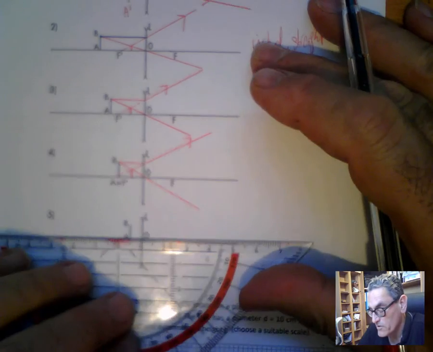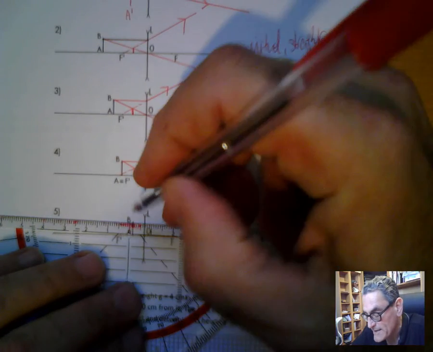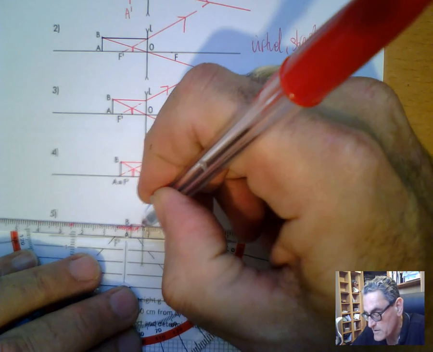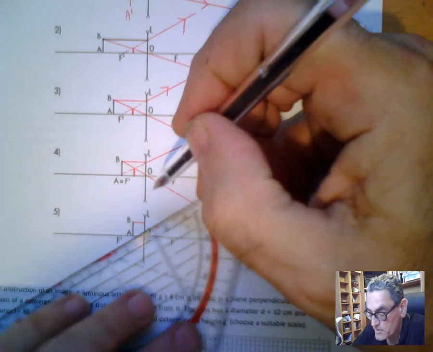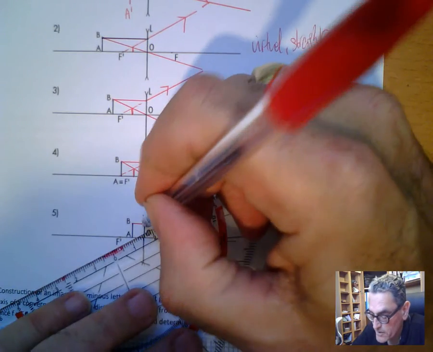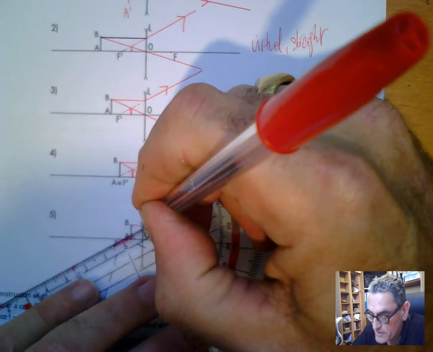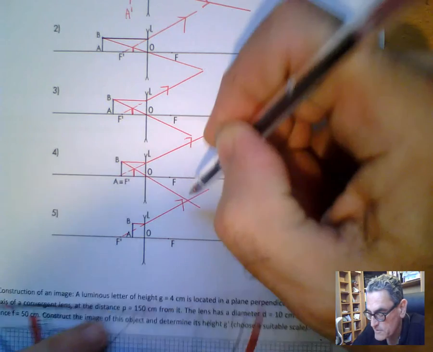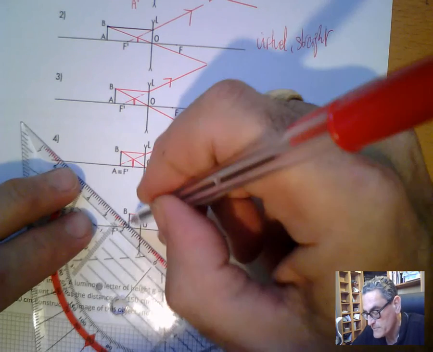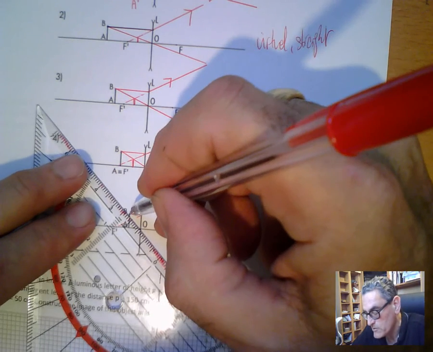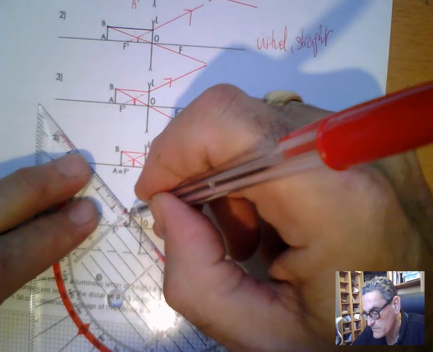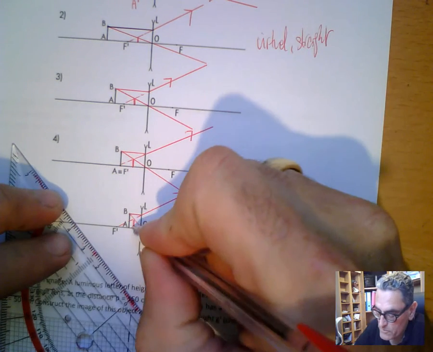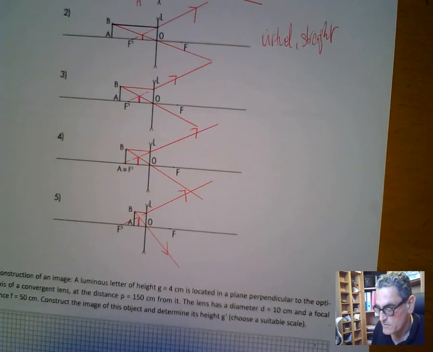Now what happens if the object is between the focal point and the lens? Then it's going to start looking a bit different. You are going to have an image which is here. Is that correct?